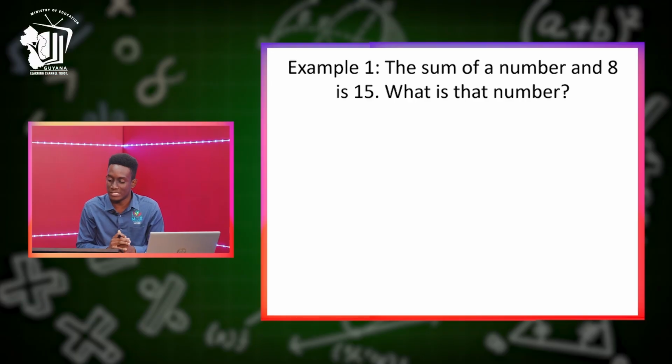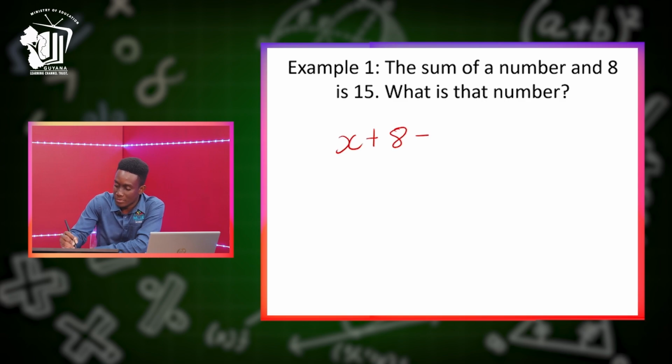Now that we have a good understanding of the terminology that we should look out for, let's head into a few examples. This example says, the sum of a number and 8 is 15. What is that number? The sum of a number and 8, so this would be x plus 8 is equal to 15.